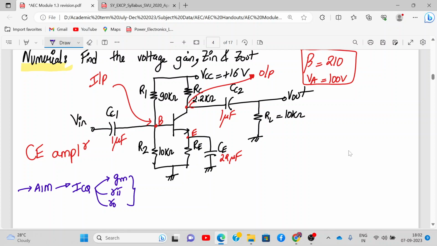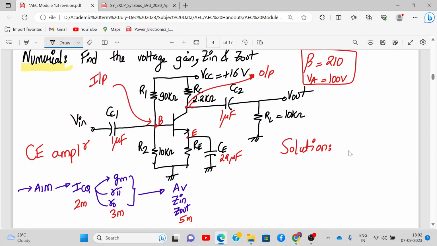Once you calculate all these three, do the AC analysis, and in AC analysis, you find Av, Zin and Zout. If I want to give mark distribution, 2 marks will be for ICQ, 3 marks will be for gm, r pi and ro, and 5 marks will be for Av, Zin and Zout. Got it? So let me start with the solution.